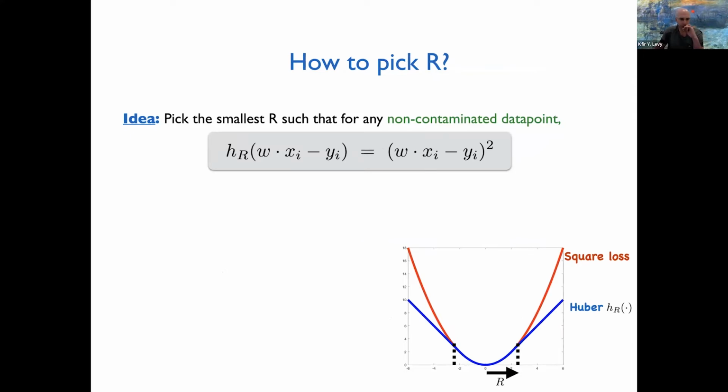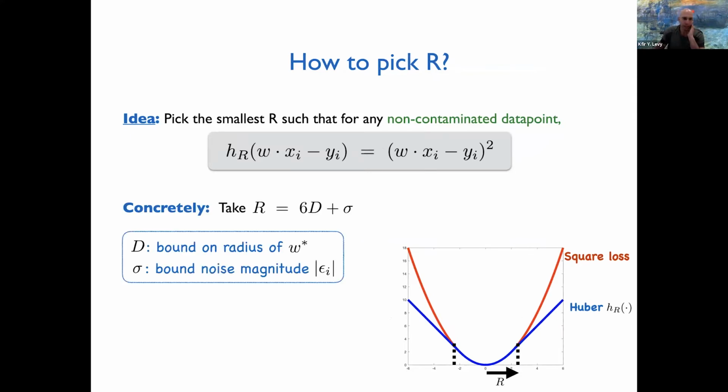Specifically, a choice of R that satisfies this property is to take R to be 6D plus sigma, where D is a bound on the radius of the optimal solution, so we have to know in advance a bound on the radius of W star, and sigma is a bound on the magnitude of the noise. We also assume for now that the noises are bounded.